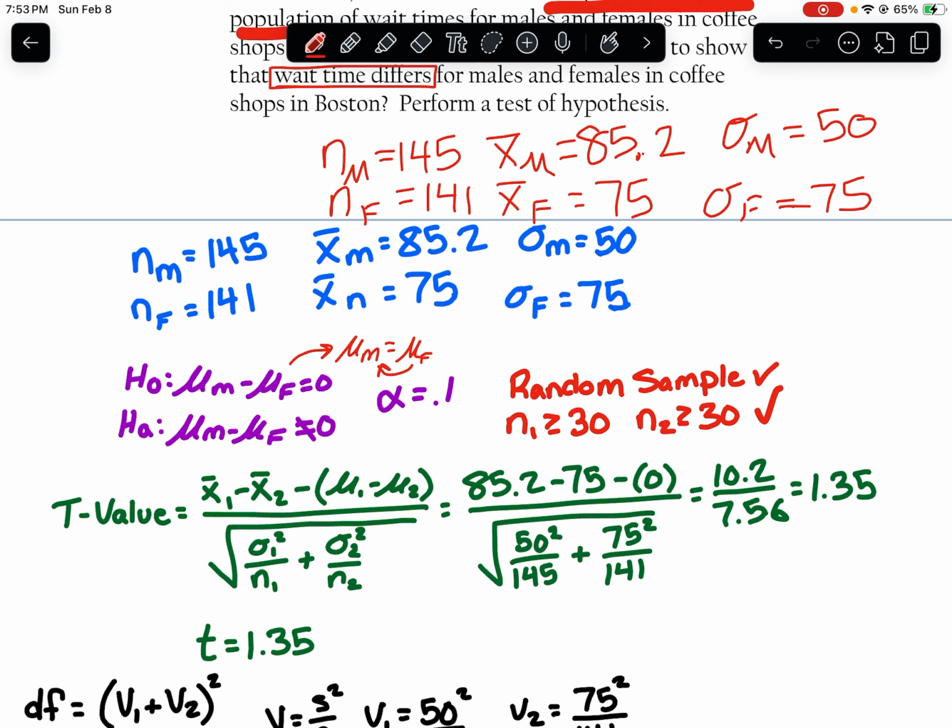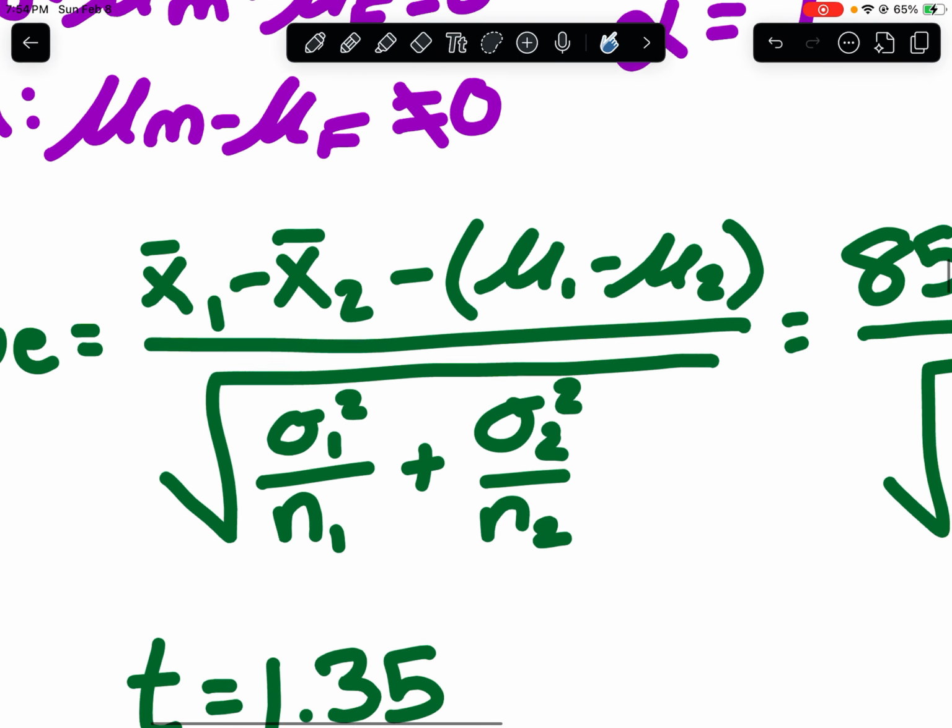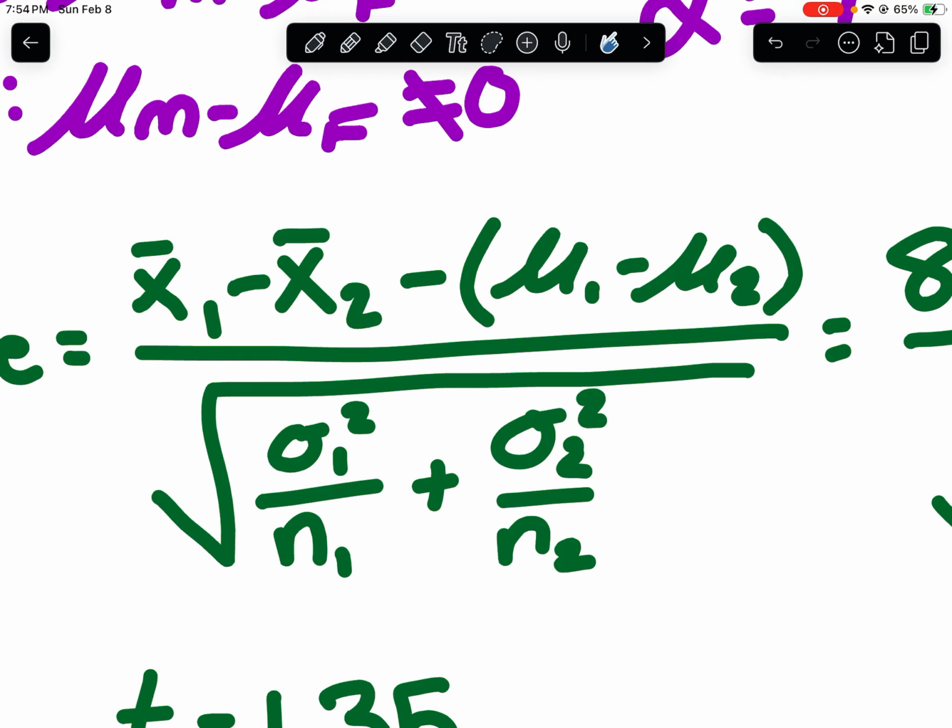Now within this, we're going to find a t-value, because t-values are based on degrees of freedom, sample size, that sort of stuff. And because we have different sample sizes, this is going to get a little more complicated, but we'll go step by step. So this is the formula that's in your packet, the x1 bar minus x2 bar, that whole thing.